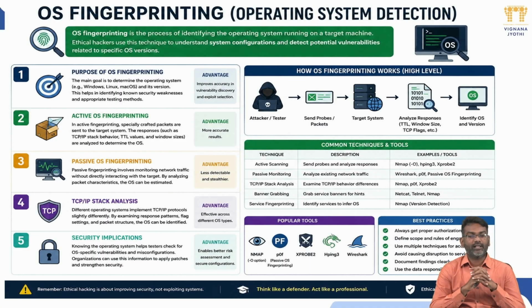That's why we call it passive. We will make an analysis of the TCP/IP, that is the Transmission Control Protocol with the Internet Protocol stack. And finally, we will go with the security implications. So the OS is also playing a vital role. If the OS provides step-by-step security everywhere, we can automatically say it is highly secure.